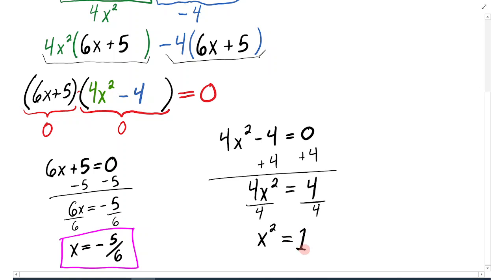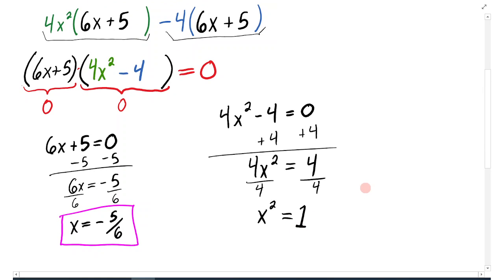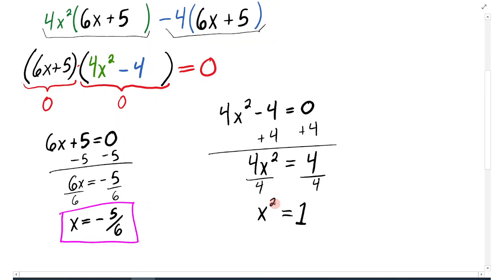Okay. Now at this point, we need to get rid of this square here. So we are going to take the square root of both sides. However, when we do that, what we're doing is asking what number times itself will give us positive 1. Right?